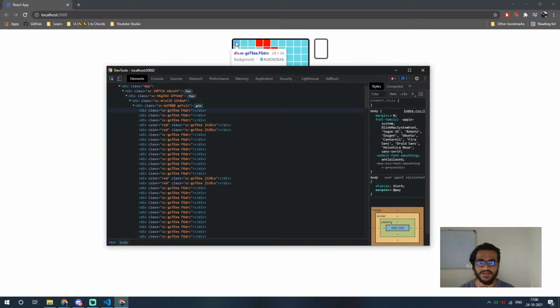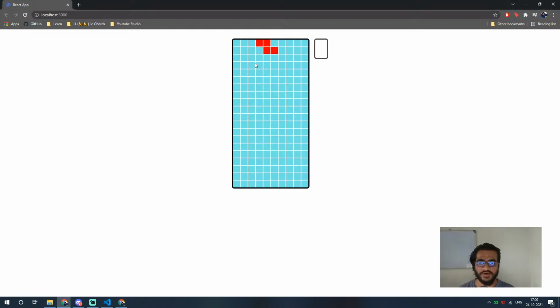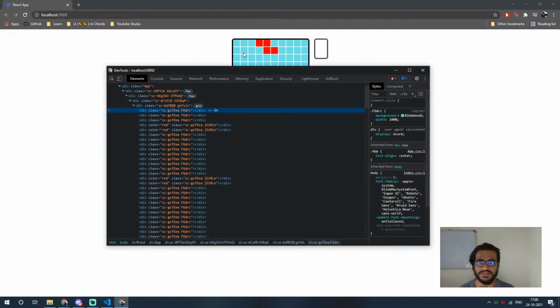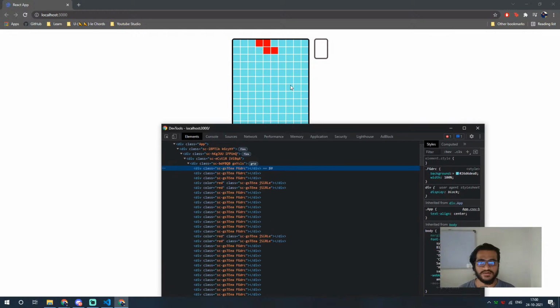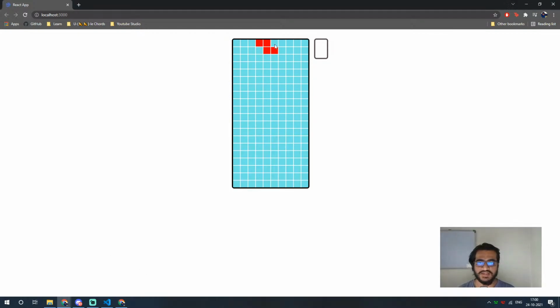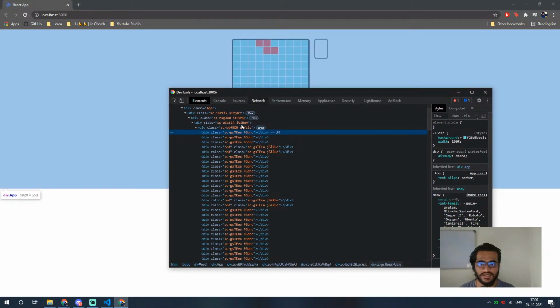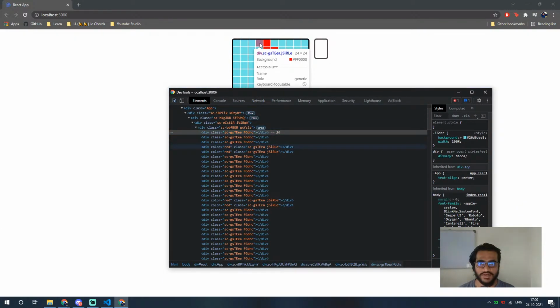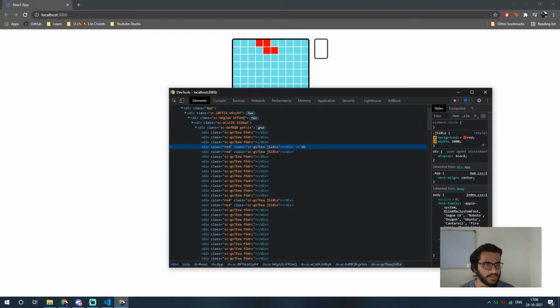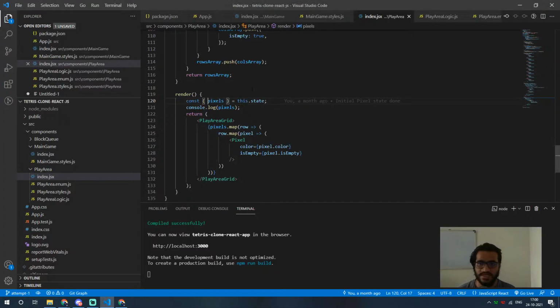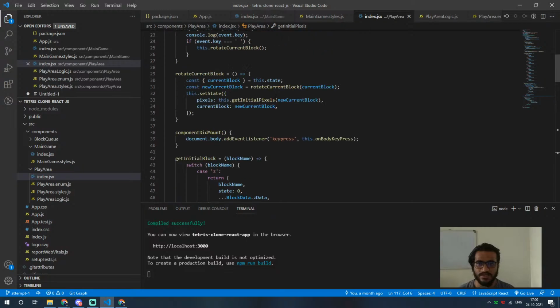These would be divs with a certain color, and according to the state, the background color of those pixels changes. And right now this pixel state is that there is a block, this Z block, and so it has acquired the color of that particular block's background, and it is all set by us in the code.